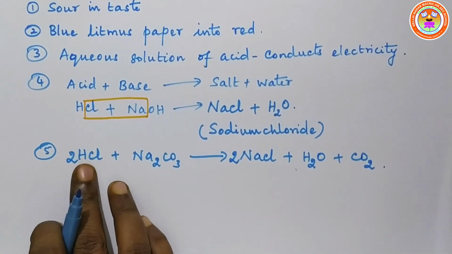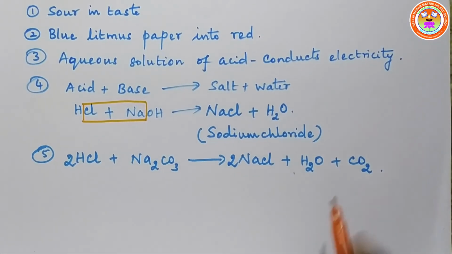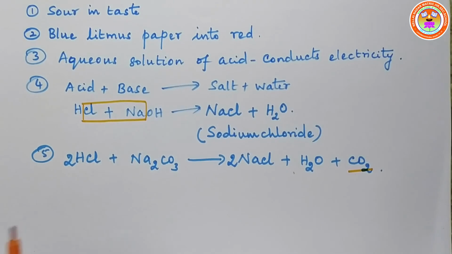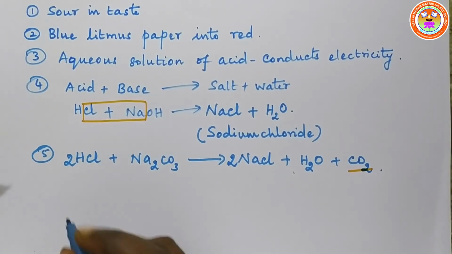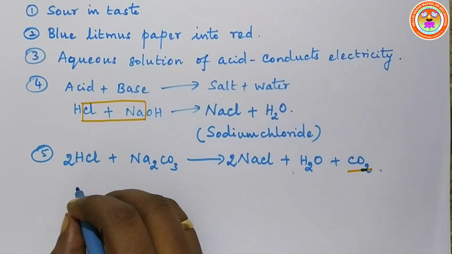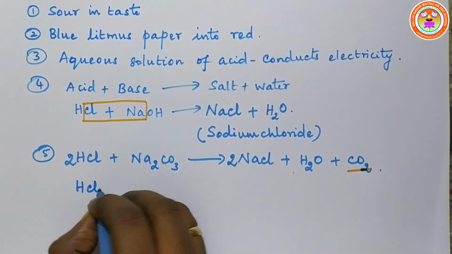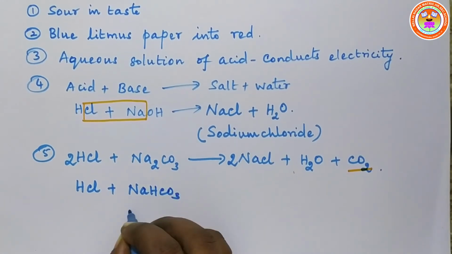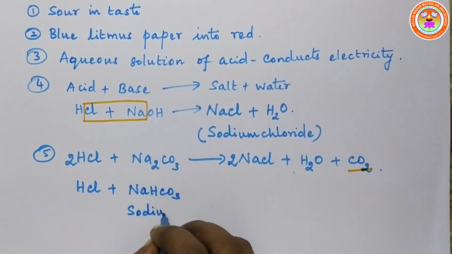Whenever an acid reacts with a carbonate salt, it results in the evolution of carbon dioxide gas. Then the next one is whenever an acid reacts with a bicarbonate salt, such as sodium bicarbonate.